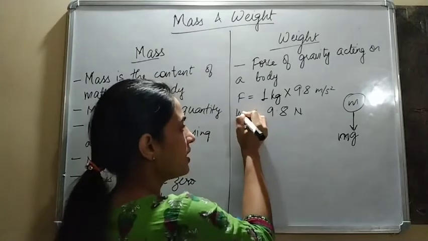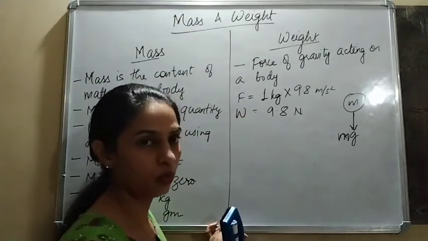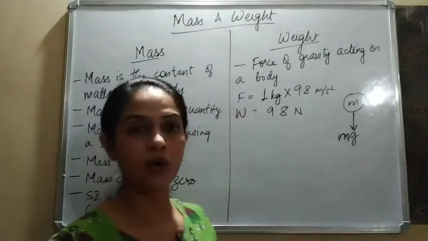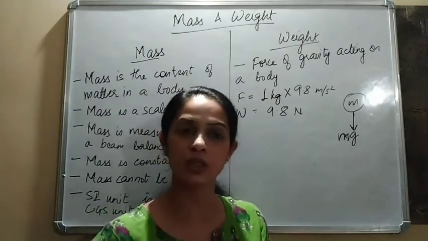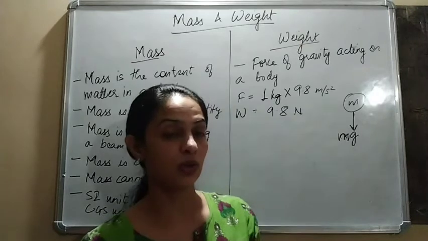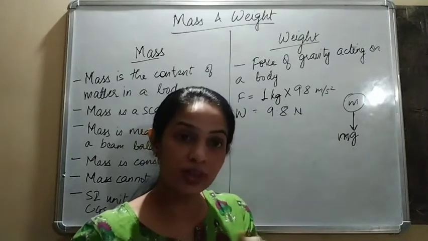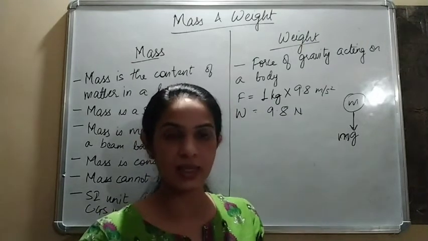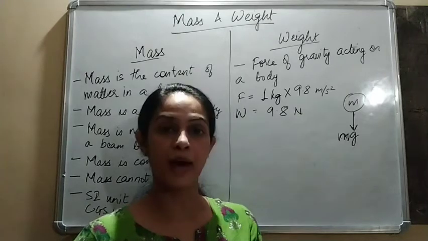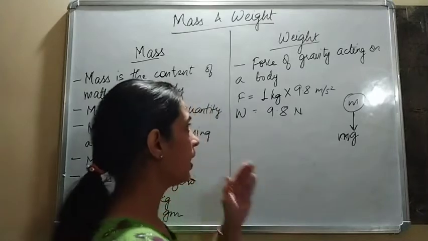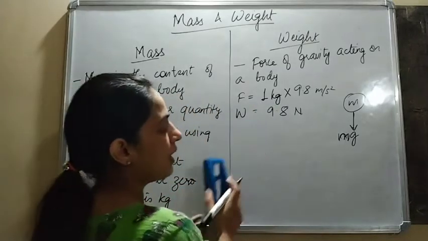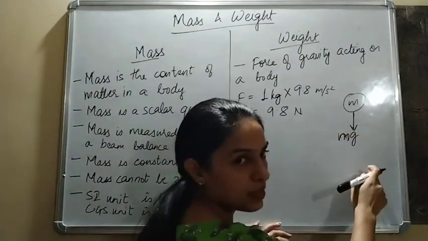This force is denoted by W, weight, because this is how we get the weight of a body. When you get on a weighing scale, whatever it shows is the weight of your body, mass multiplied by the acceleration due to gravity. Okay, so weight is a force.